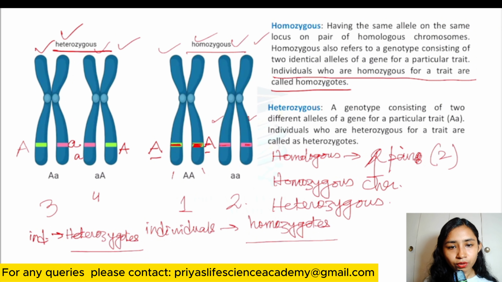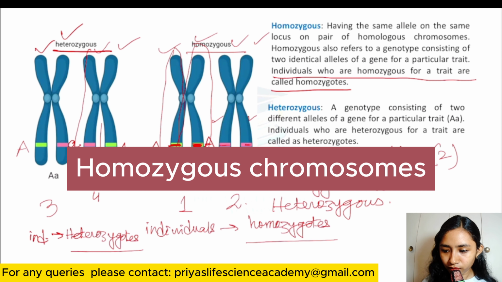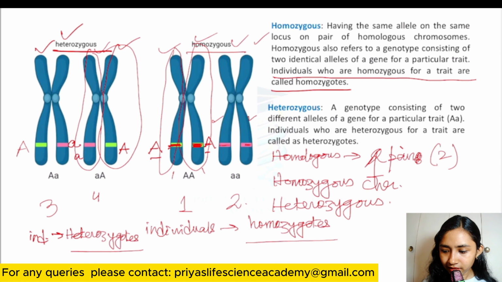Okay, I hope you understood that we have two copies of each chromosome. That is why we are homologous. But inside the homologous chromosomes, if both alleles are similar, they will be known as homozygous, and if both alleles are different, small a, capital A, they will be called heterozygous. Okay, I hope you understood what is homologous, homozygous and heterozygous.